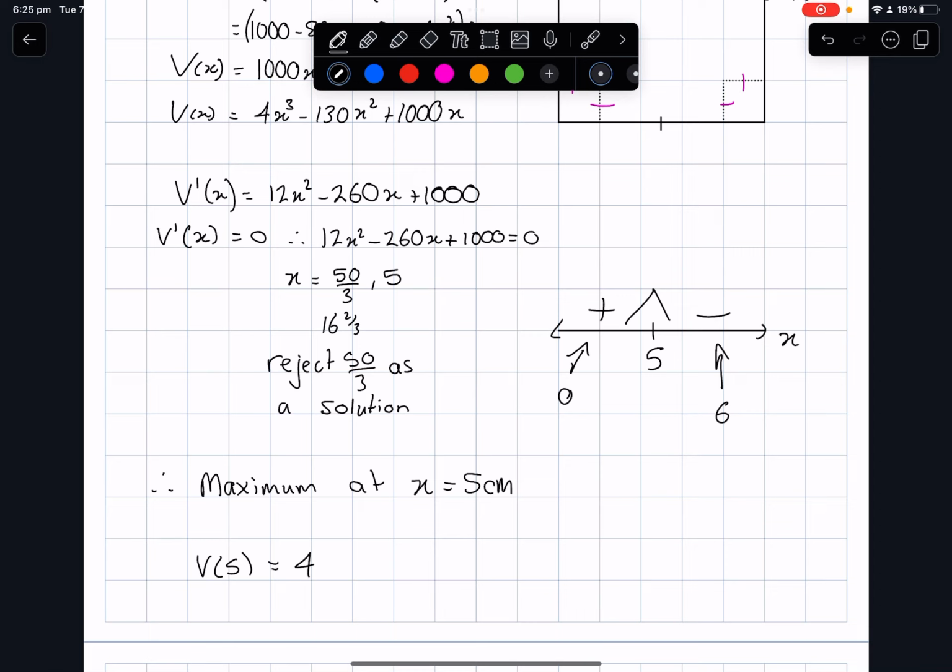So we've got 4 times 5 cubed minus 130 times 5 squared plus 1,000 times 5. So that is equal to 4 times 125 minus 130 times 25 plus 5,000, 2,250 centimeters cubed. And that's it.